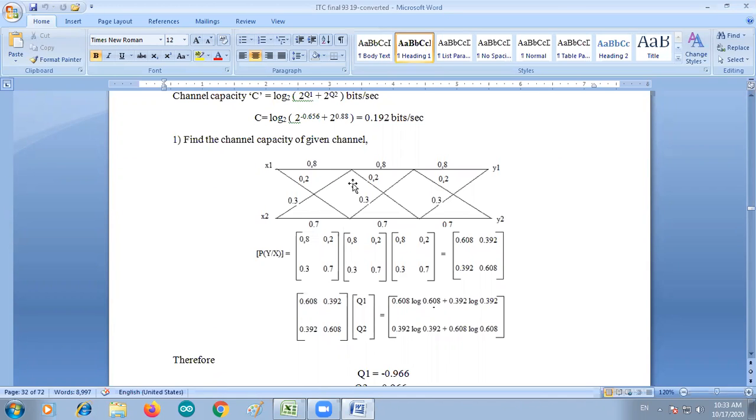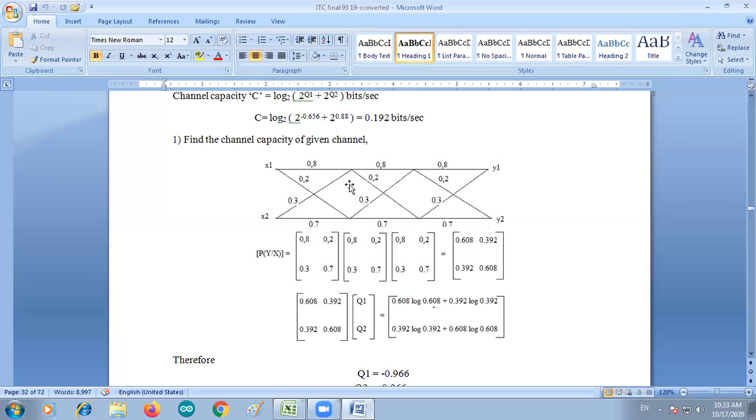The number of Q's depends on the outputs only. Whether the channel is cascaded or not, if there are 2 outputs, then multiply the channel matrix with Q1 and Q2. That is equal to P11 log P11 plus P22 log P22, and so on.